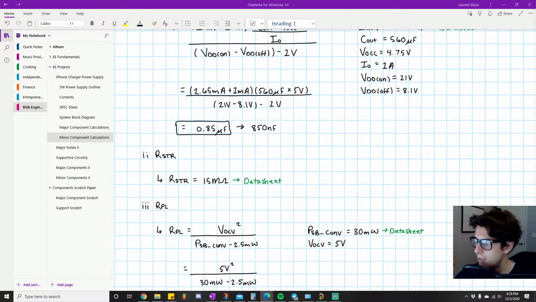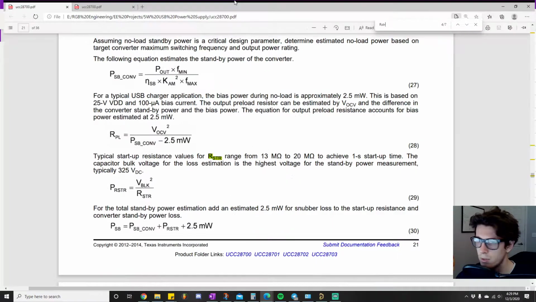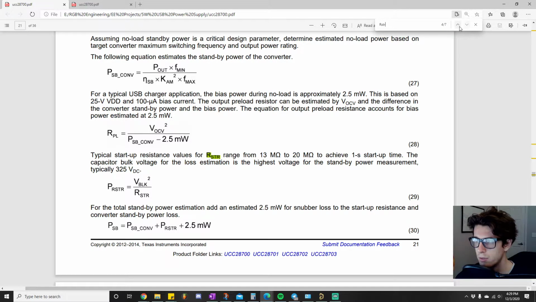But I think the datasheet mentions it. If you look in the datasheet, it's just the next one down. It says typical startup resistance values for Rstr range from 13 megaohms to 20 megaohms to achieve 1 second startup time.